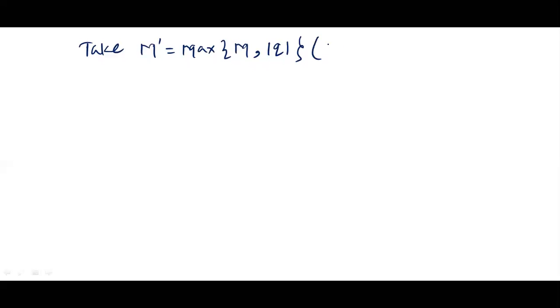Note that this is positive since m is positive, and we are taking m dash as maximum of m and mod of q, so m dash is positive real number.